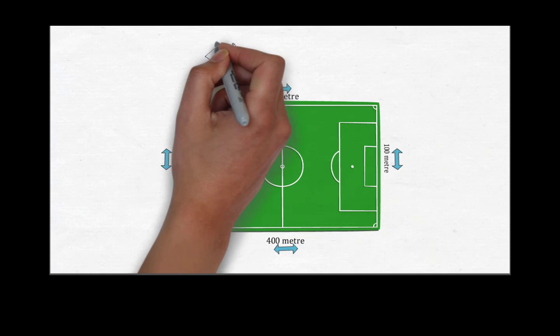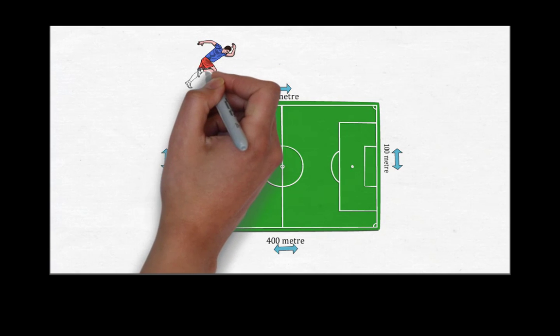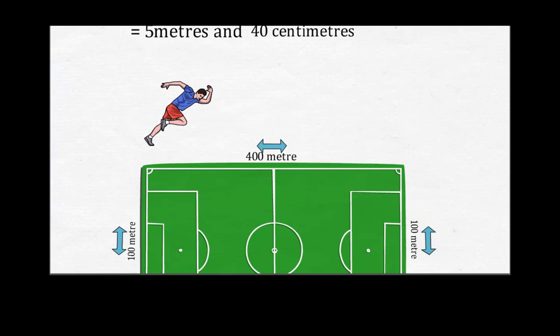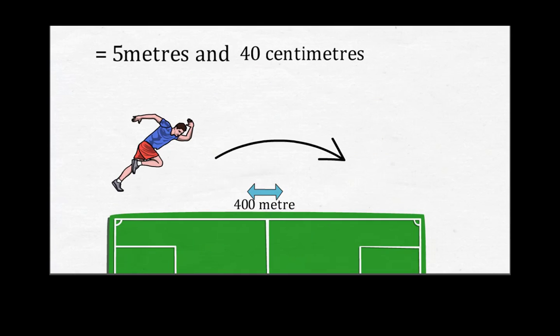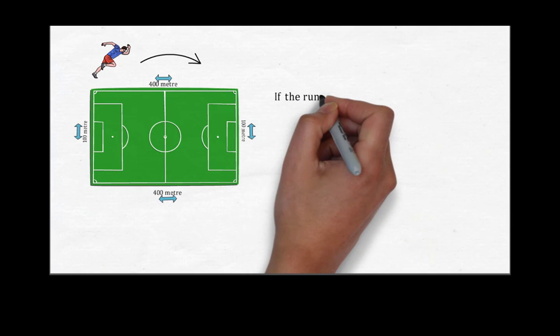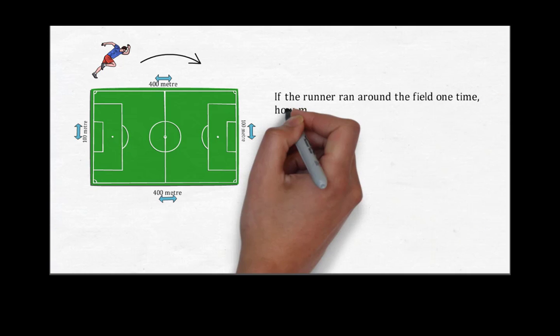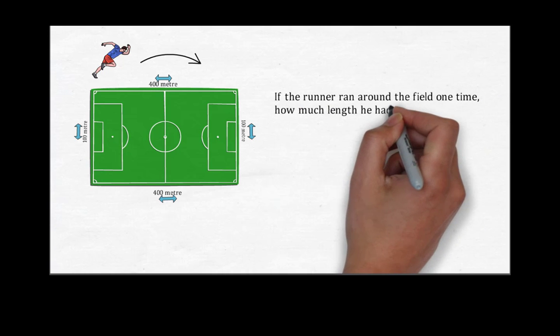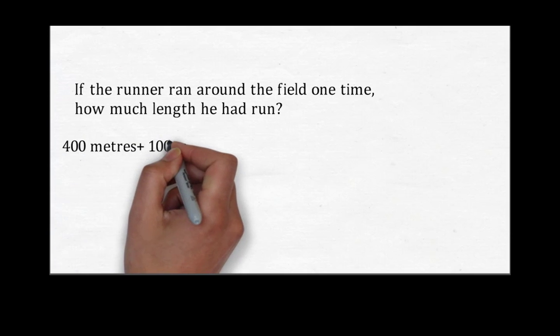Okay, now a man is running around this football field. He started running around this football field, and he ran one time. So if the runner ran around the field one time, how much distance has he run?